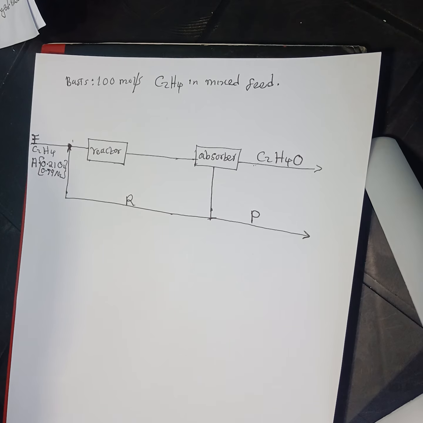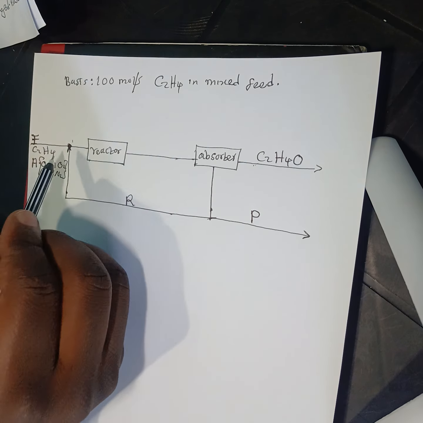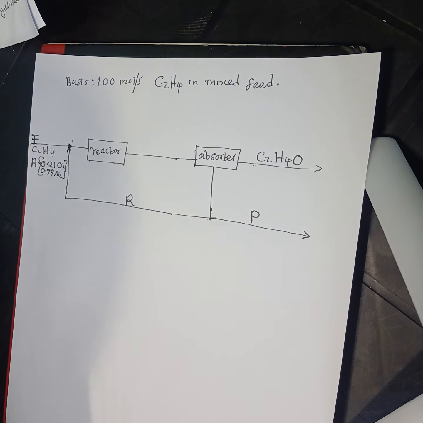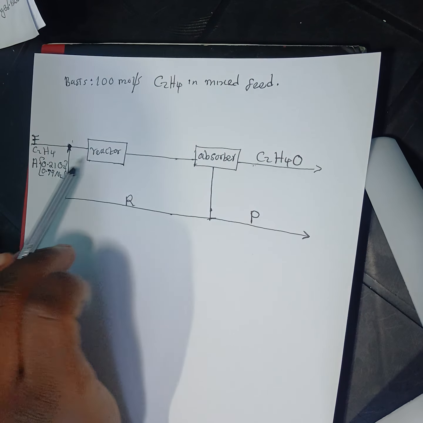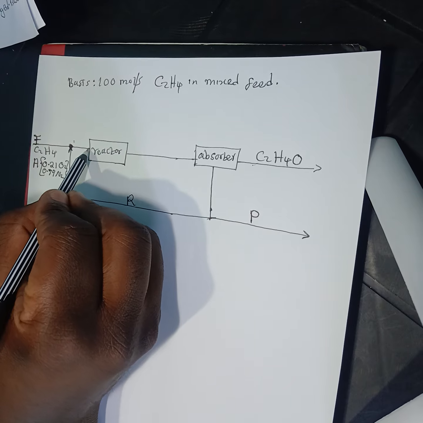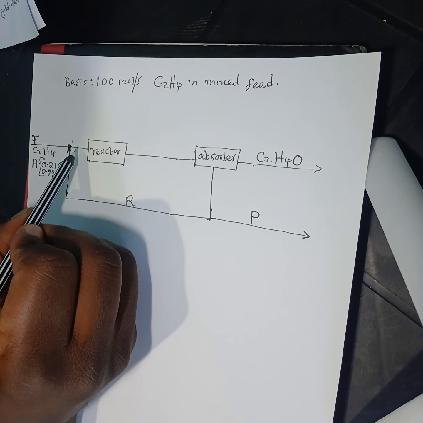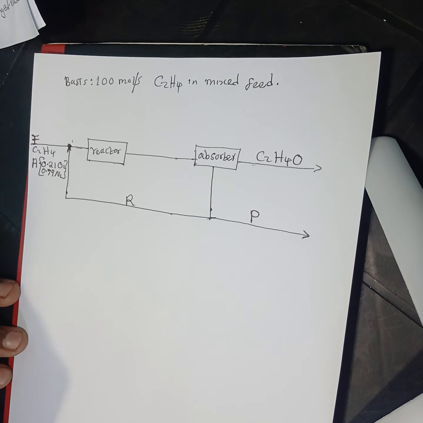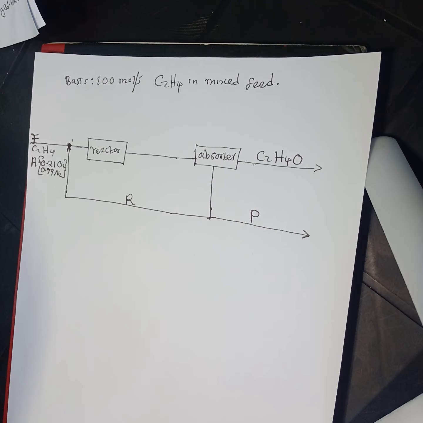So at this point, this is the mixer. After the fresh feed together with the recycled stream has been mixed, it is fed to the reactor. Now, let's try to find the composition of the mixed feed that is entering the reactor.